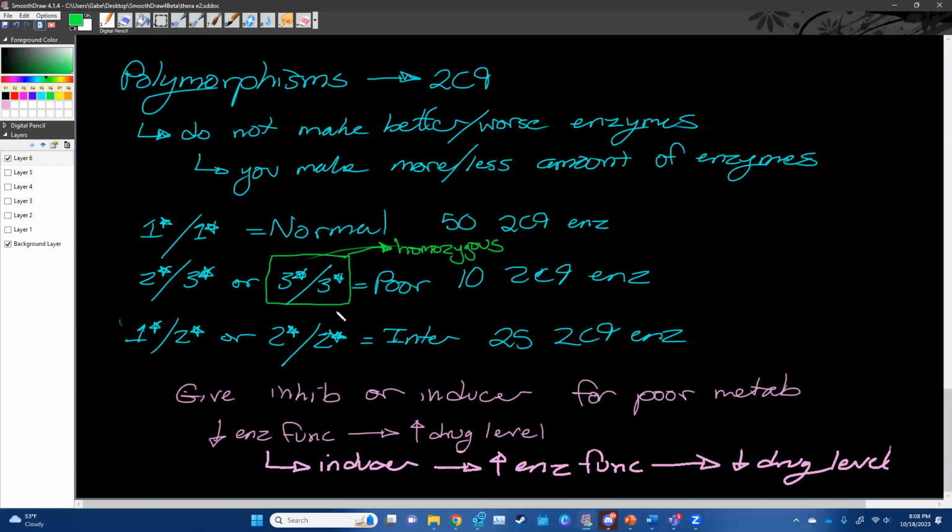So we have 3-star, 3-star. If I describe someone as 3-star homozygous, that means they are most definitely a poor metabolizer. Versus if I say that person is heterozygous for 2-star, at most they could be intermediate or poor. And the kind of question you would be asked is like, select all that apply, what kind of metabolizer they are. Poor, intermediate, that sort of thing.